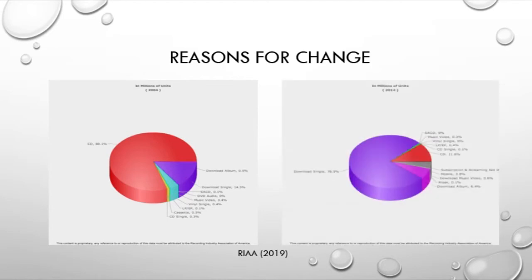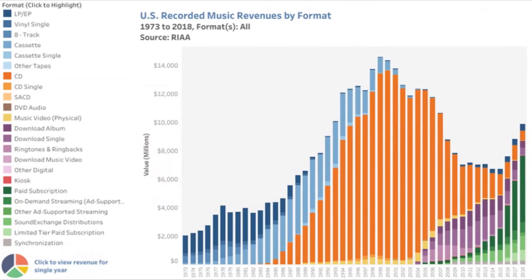In 2012, you see the purple area, which is the downloadable media area, has entirely taken over that section. We see the red area, which is the CD and vinyl area, is even less in 2012 than the media area was in 2004.